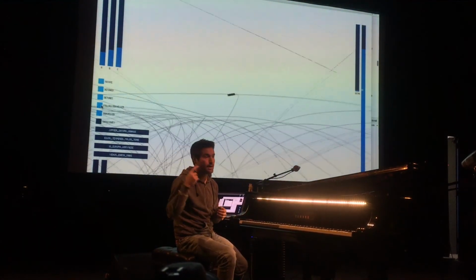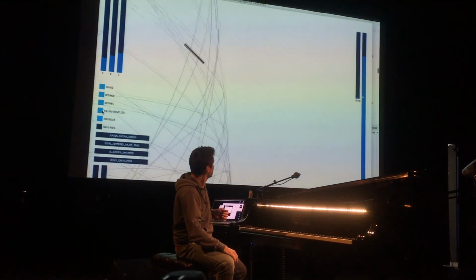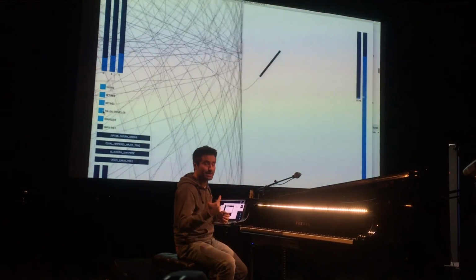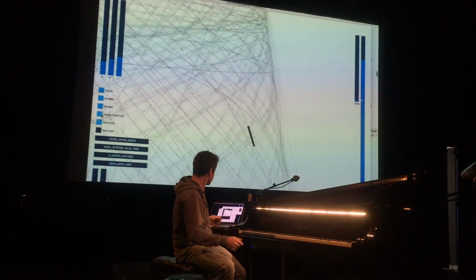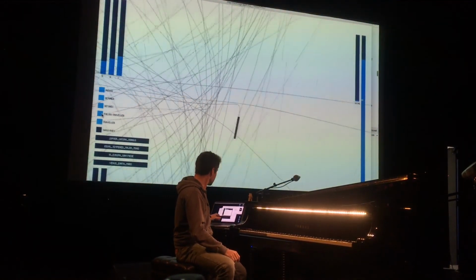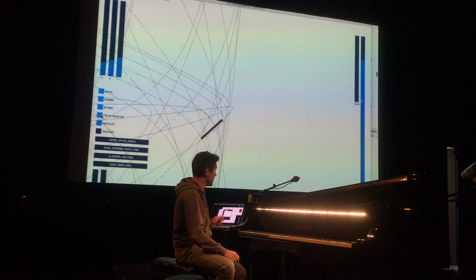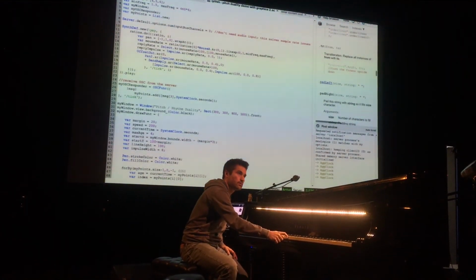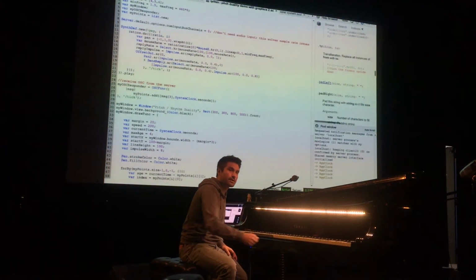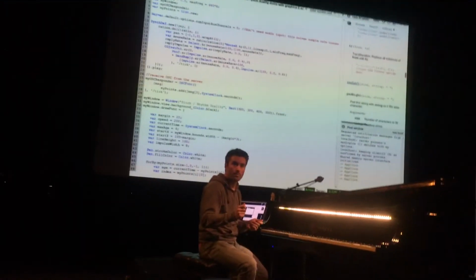But what you're hearing now, you hear that beating? That's the way pianos are tuned. It's kind of sad, but if you listen to this, do you hear the very fast wobble in it?